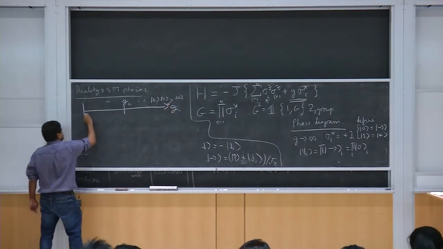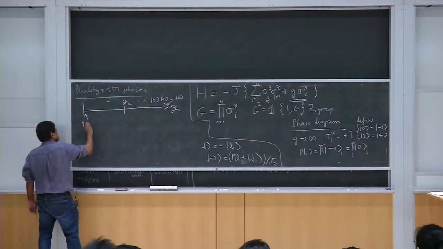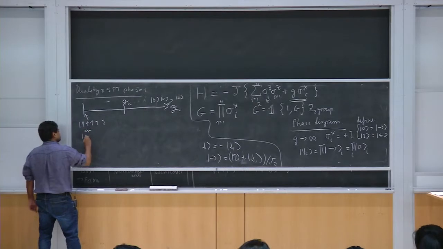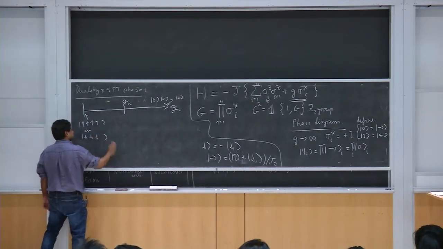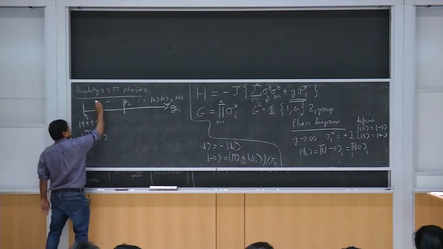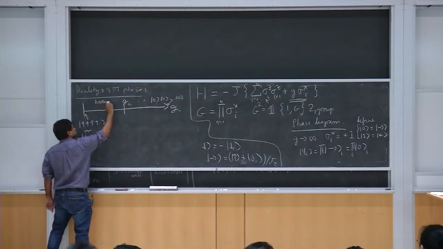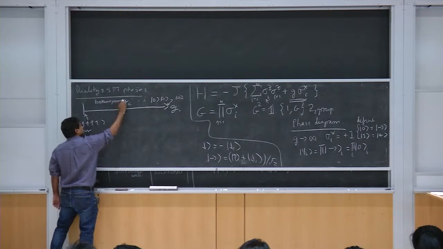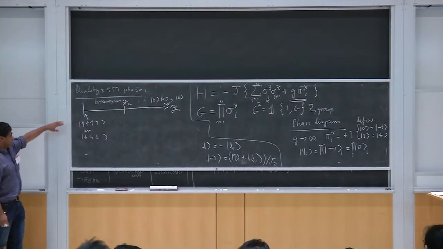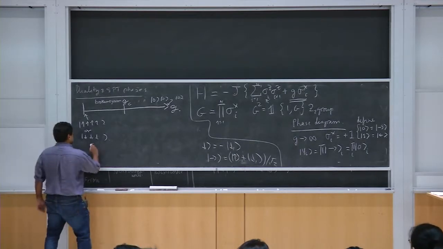Over here the caricature of the state in this region is all spins up. Okay, so you break the Z2 symmetry. Okay, another way we talked about this state is a condensate.